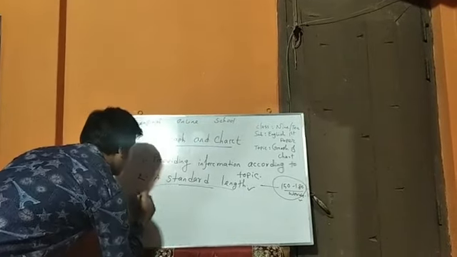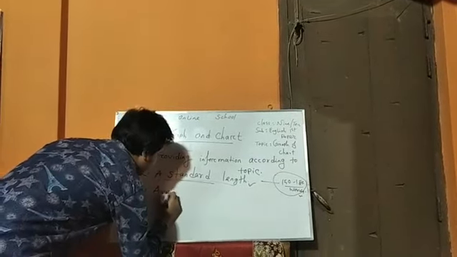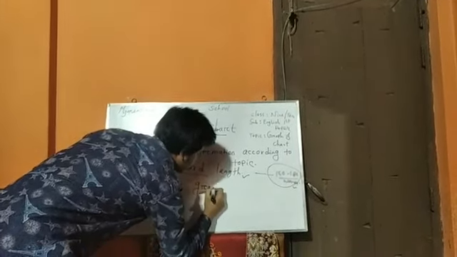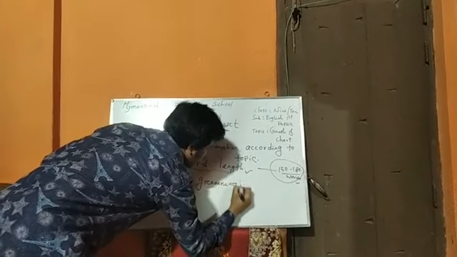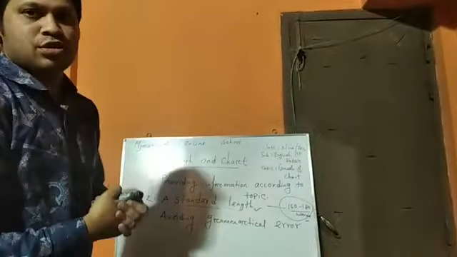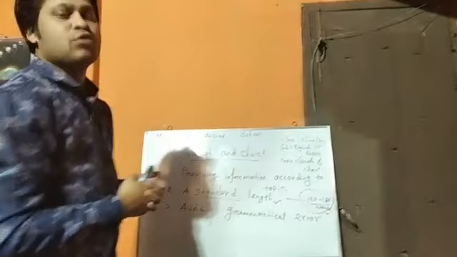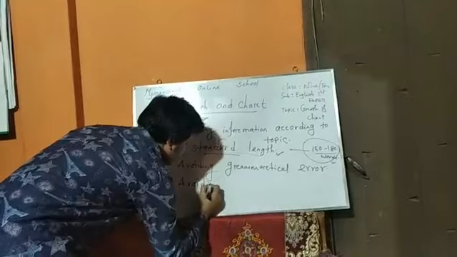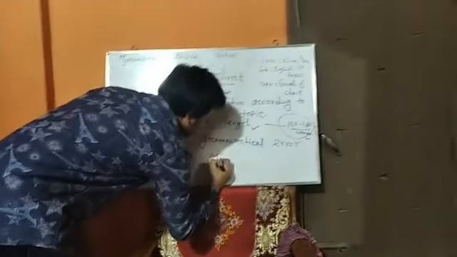Number 3, avoiding grammatical errors. That means you have to avoid grammatical errors. If you make any grammatical mistake, then you will not get good marks. That is why you have to follow these steps also. Number 4, avoiding misspelling.